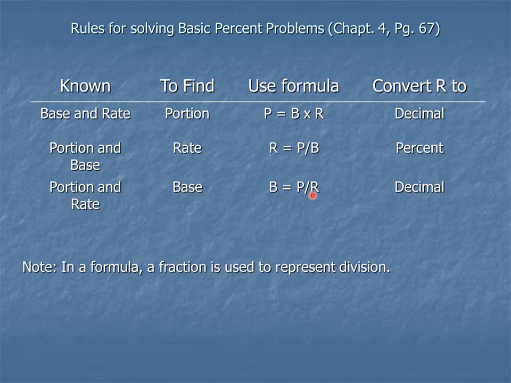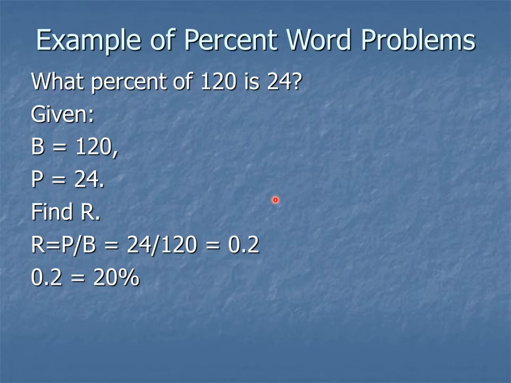Because whatever you have unknown, you leave isolated. If the rate is unknown, we'll use the middle equation. If the base is unknown, we'll use the last one. If the portion is unknown, we'll use the first one, because those are isolated on the left side. So this is for the portion, this is for the rate, this is for the base. Let's try some problems here.